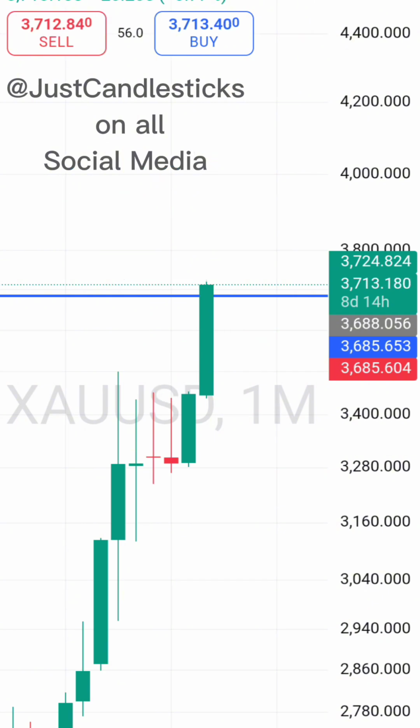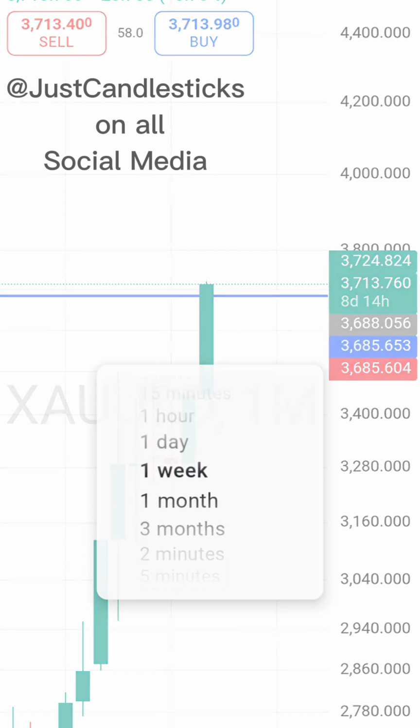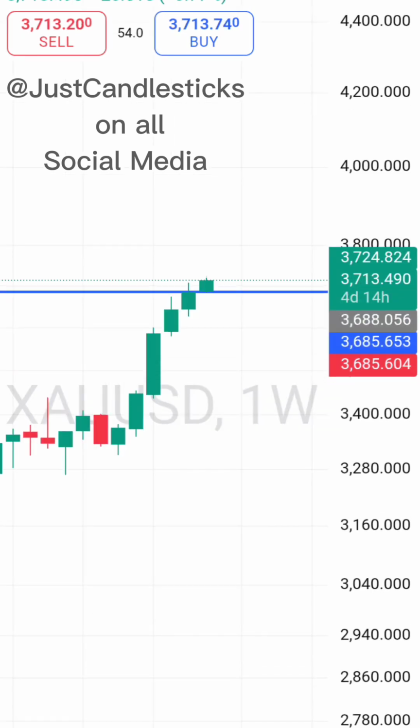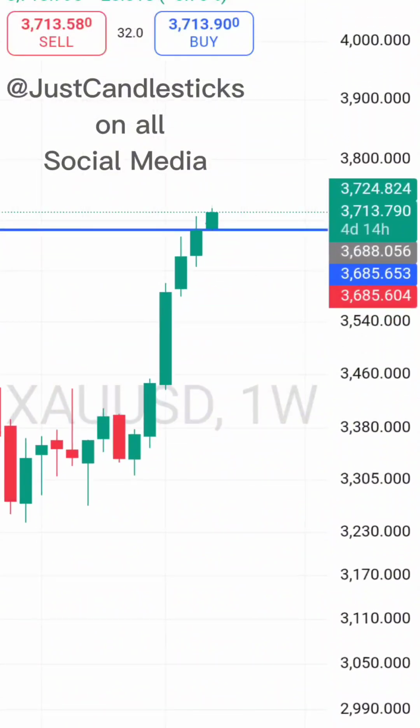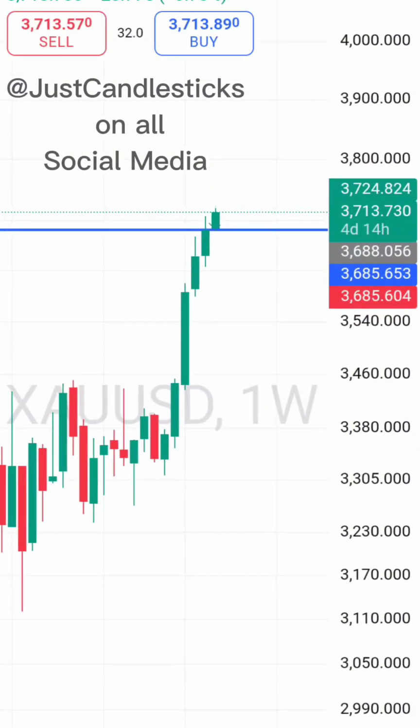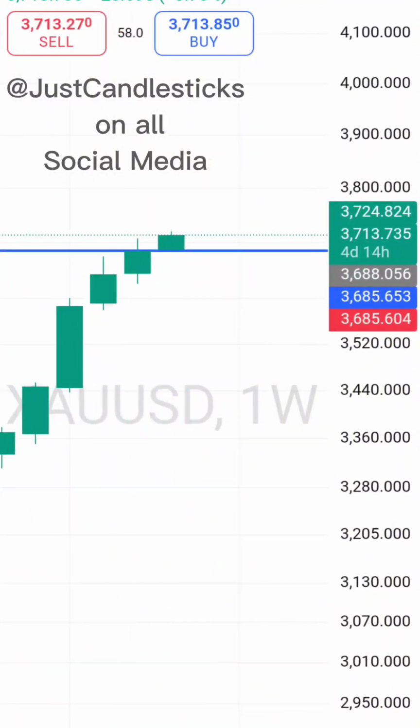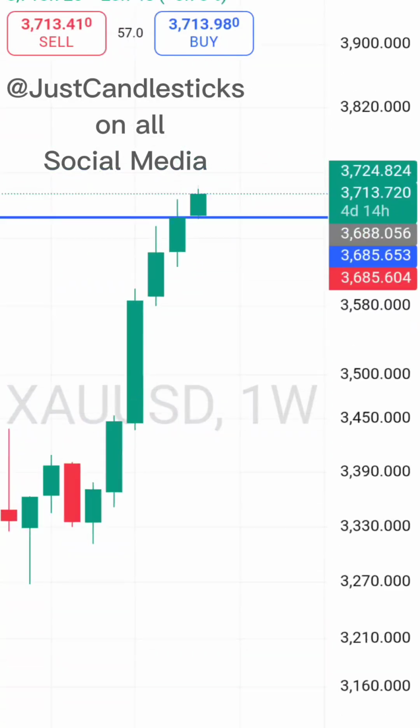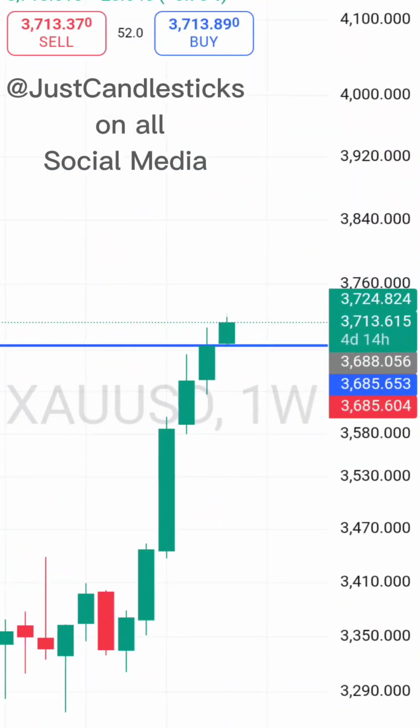So we go to our weekly chart now and confirm that. On our weekly chart, beautiful. Let's make it bolder. So on our weekly chart, what do you see? New high here, new high here, new high here, new high here, new high as of last week.